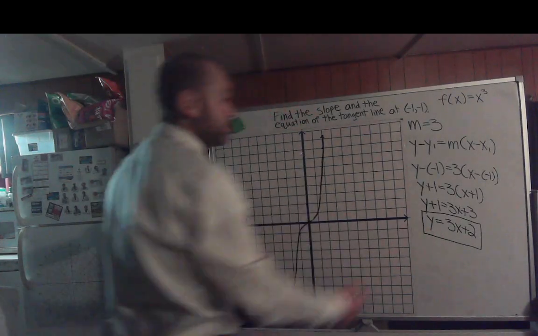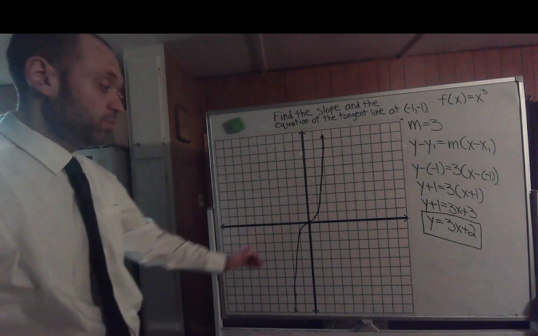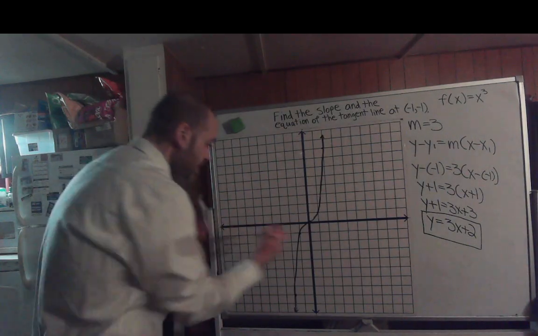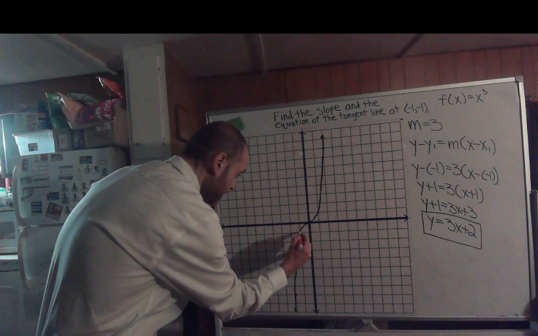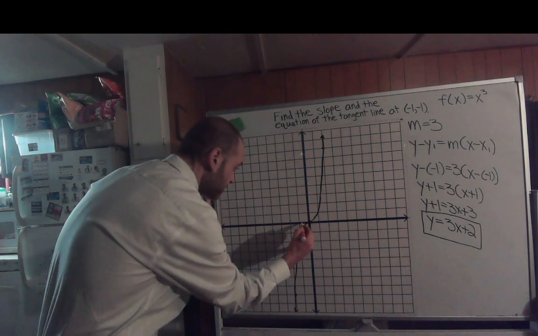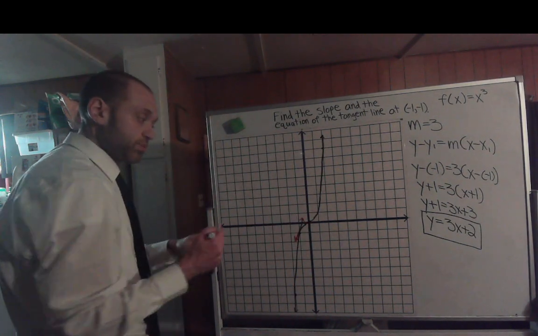You get y equals 3x plus 2 at the point -1, -1. So here would actually then be the slope of your tangent line to the curve. There's your tangent line itself with the equation y equals 3x plus 2.